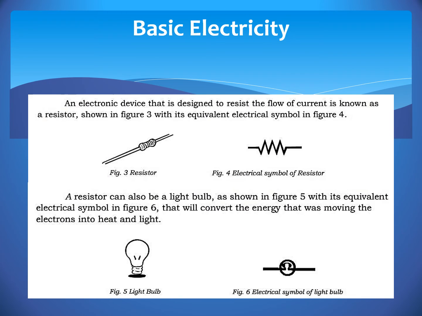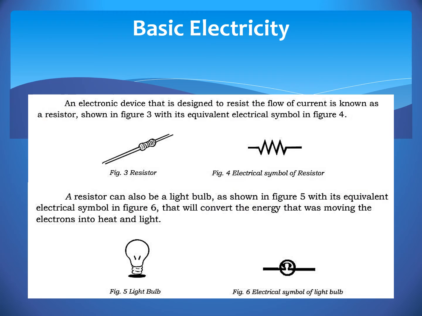As you can see in figure 3, it's a resistor, the one that I was saying a while ago, that can also affect the flow of current, or can be one of the resistances in the flow of electricity. An electronic device that is designed to resist the flow of current is known as a resistor, as you can see in the picture or the drawing.